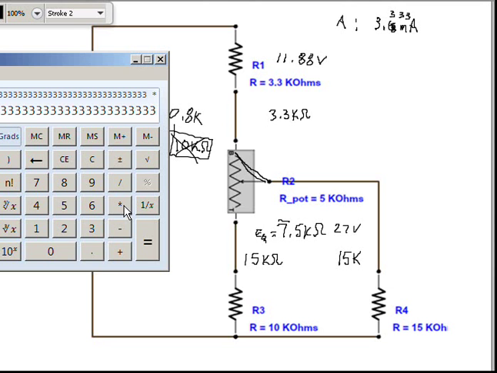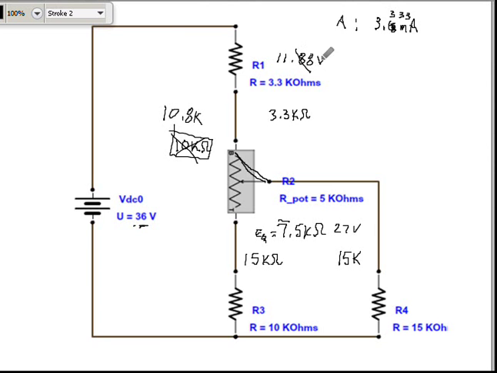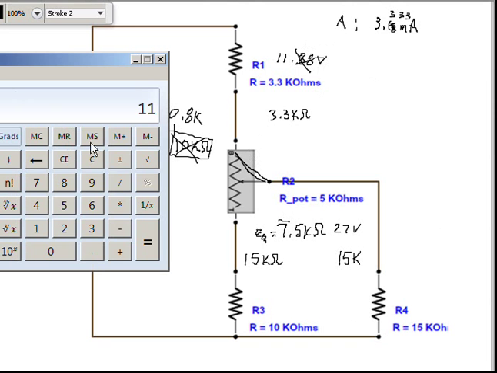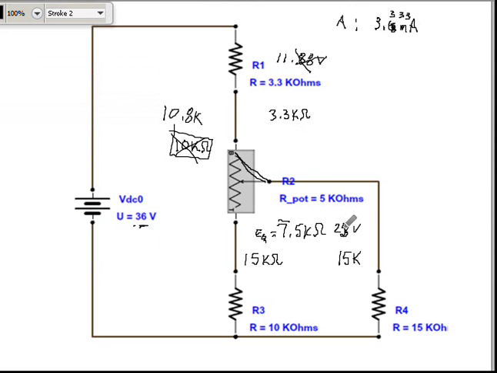Now, multiply that by 3.3K equals 11 volts. Times 7500 equals 25 volts. That's better. Okay, 11 volts and 25 volts equals 36 volts, so I know I'm doing something good so far.